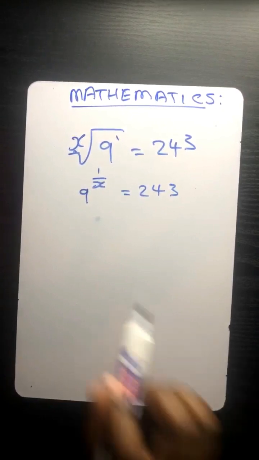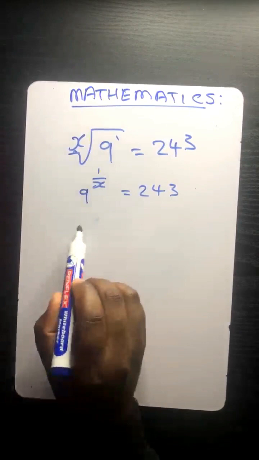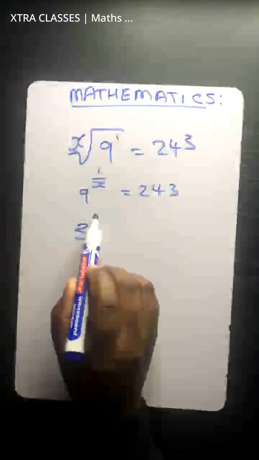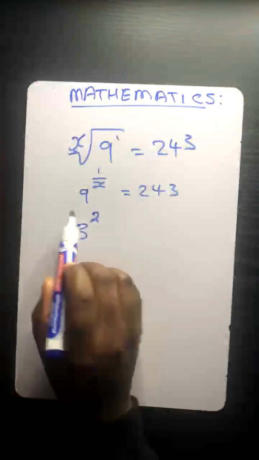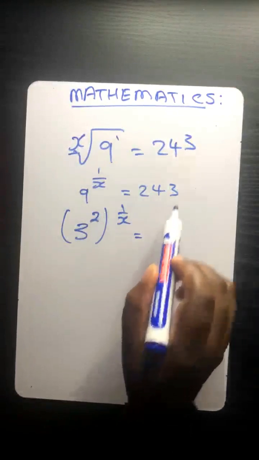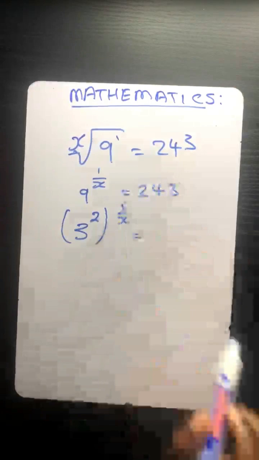So now, this can still be written as 3 to the exponent of 2, 1 over x equals 2. You can try to find out what that is in the form of an exponent.